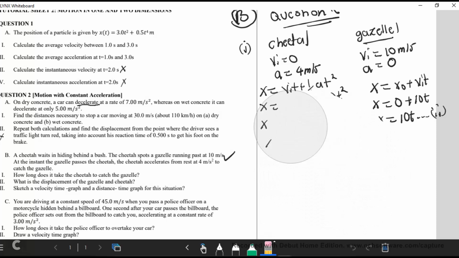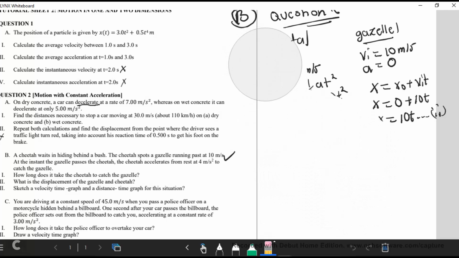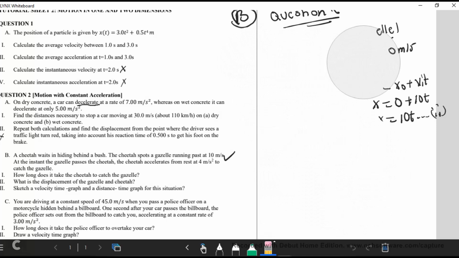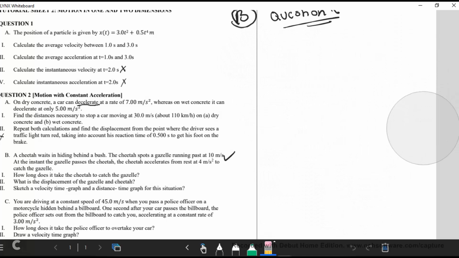After finding that, let's go on to the next question. They're asking what is the displacement of the gazelle and the cheetah. Remember the equation for the displacement of the gazelle, we had 10t.